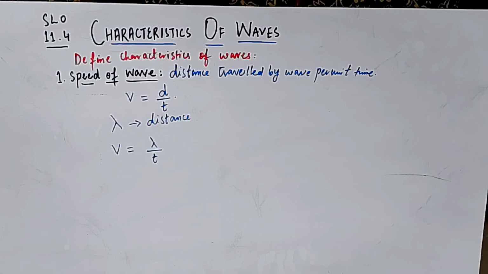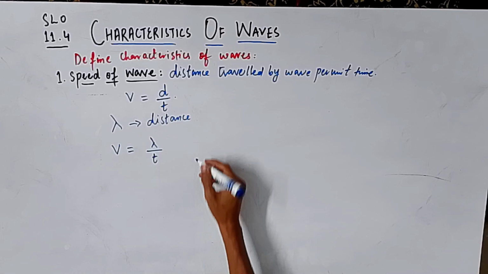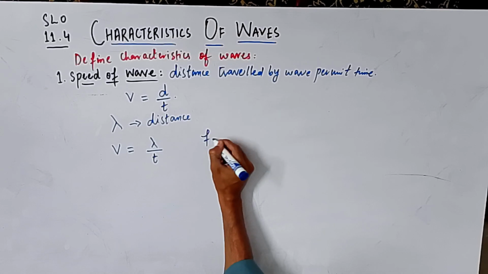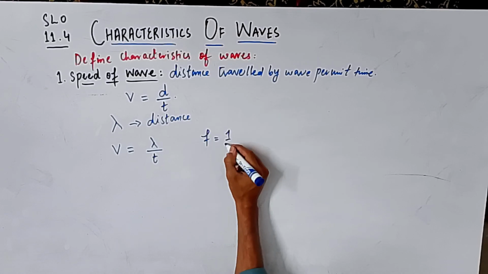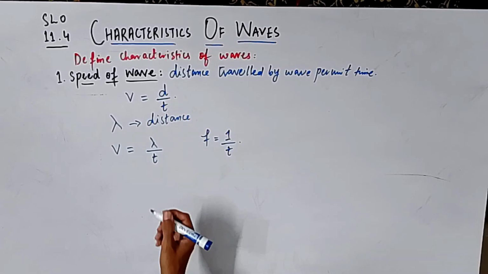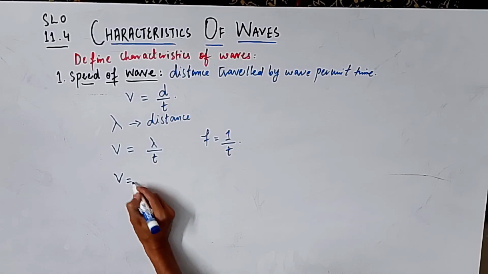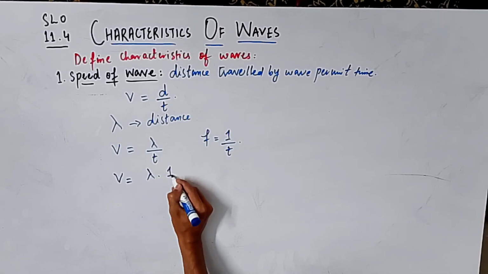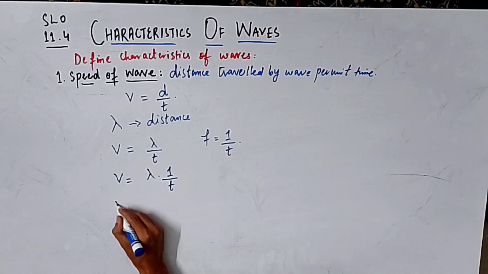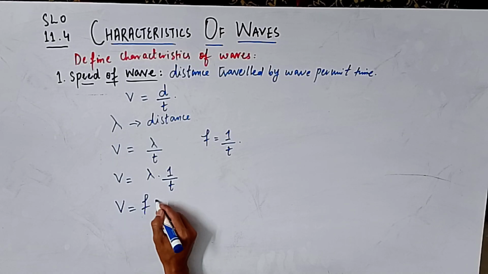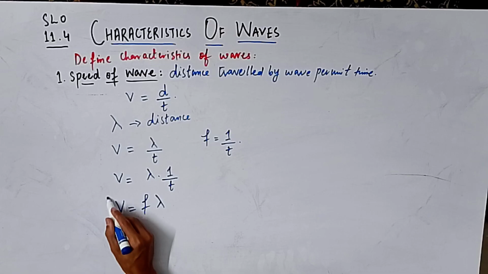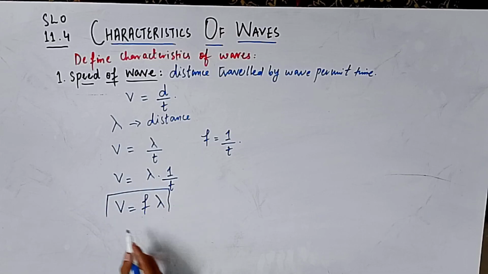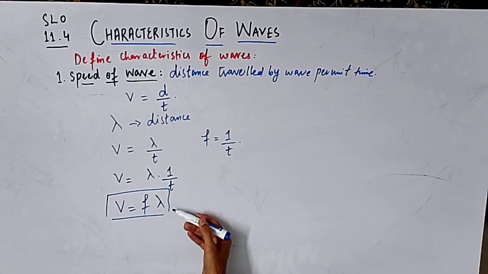But you already know the relation between frequency and time, that frequency is equal to 1 upon t. So in place of 1 upon t, we can put f, and we have a proper equation for the speed of wave, which is v is equal to f lambda. Mostly we use this formula when we do calculations.